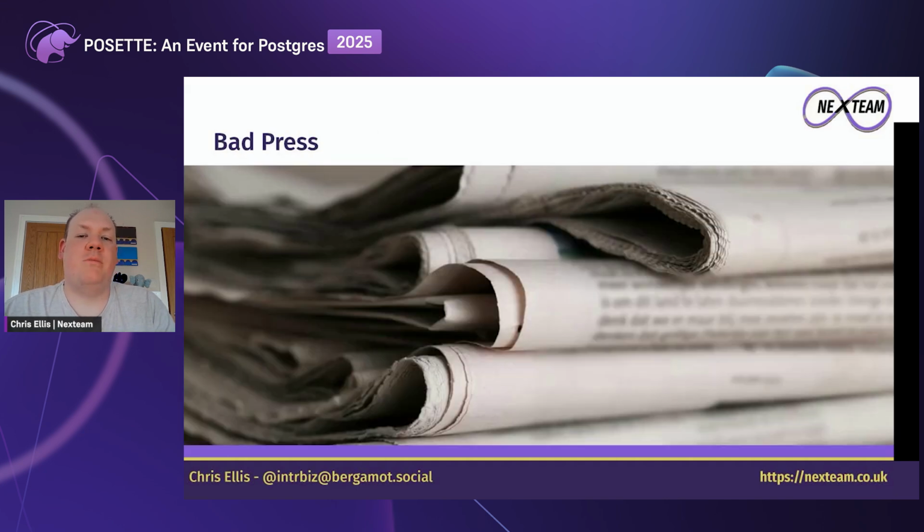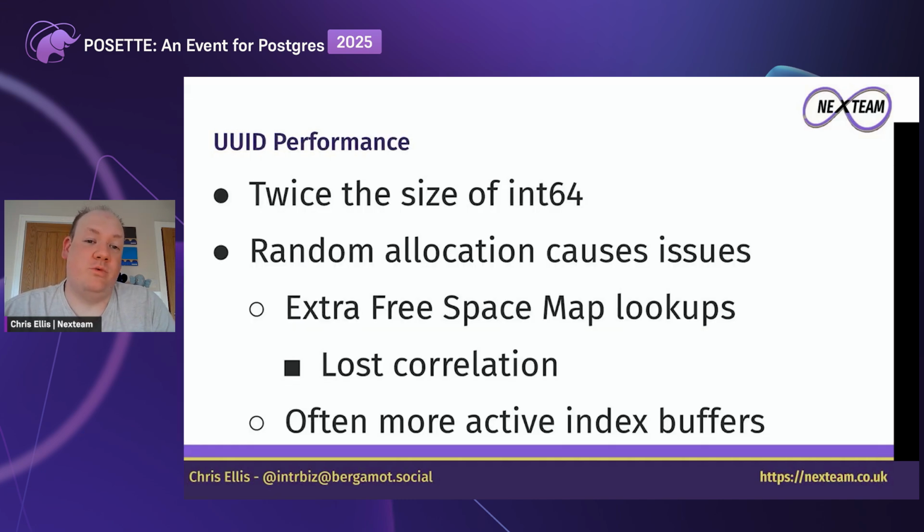So let's talk about what are the often cited problems with using UUIDs. We're going to start with the really obvious one, just the size. They are twice the size of a 64-bit number, and that obviously is going to have some form of impact. It's using twice the storage space inside Postgres to store that information.